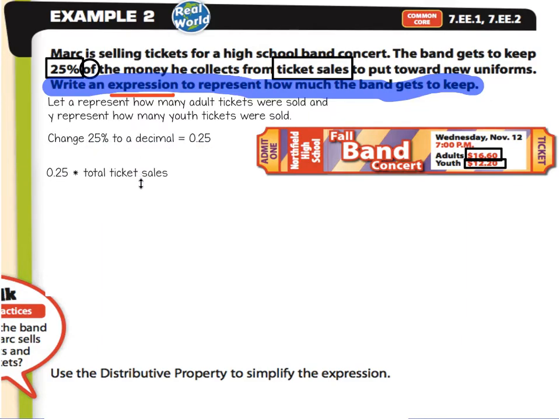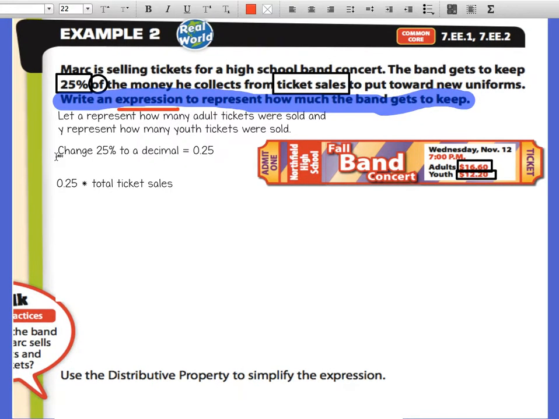And I know "of" tells me to multiply, so I want 25 hundredths, so 25% of the ticket sales. So this is exactly what it says up here. Now I'm just changing it to an expression.